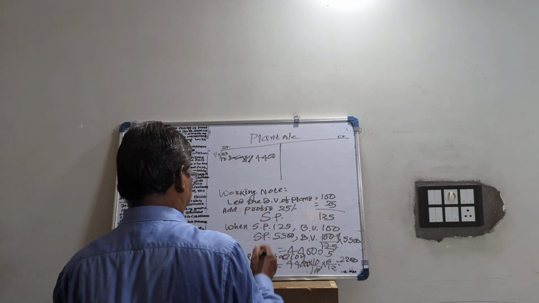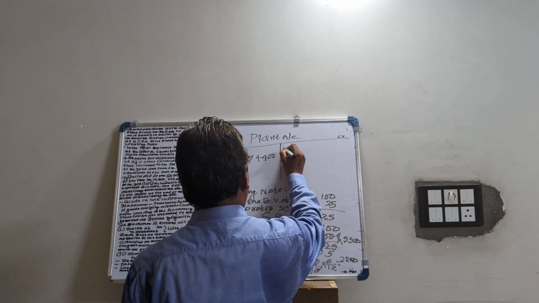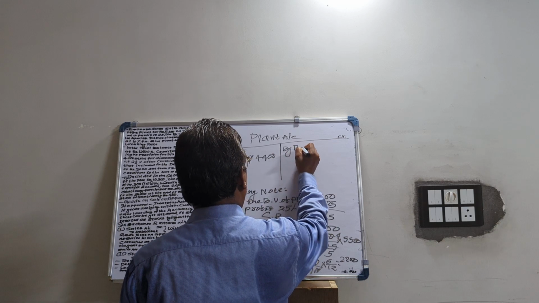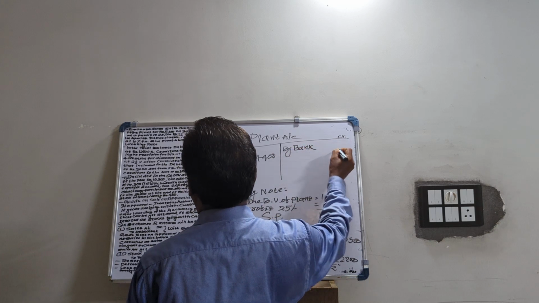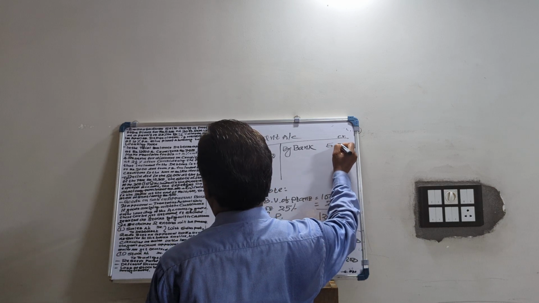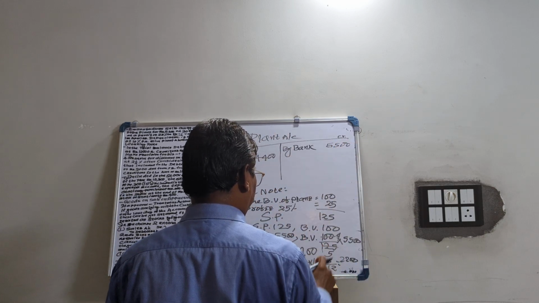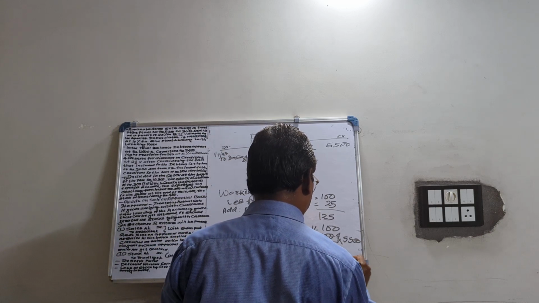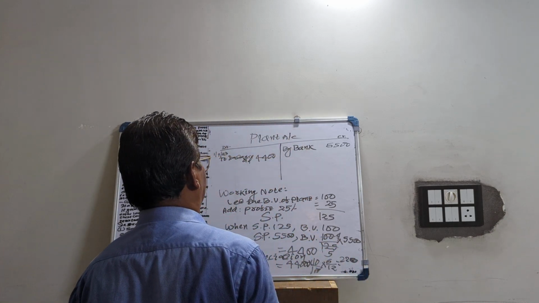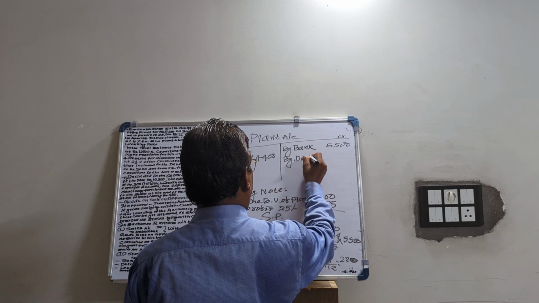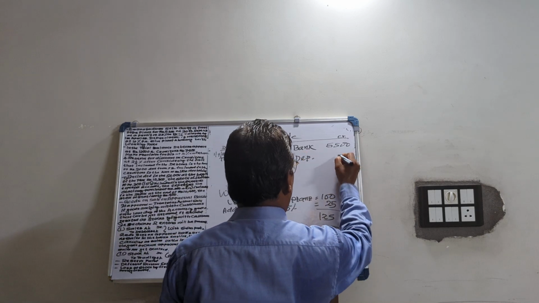So profit is, here we write by bank, sales proceeds. Sales proceed is 5,500. This is not 44,000, 4,400. So it is 220. So 5,500 by depreciation. Depreciation is 220.